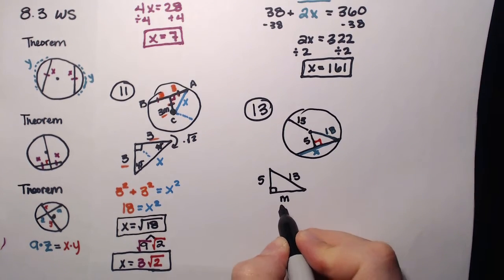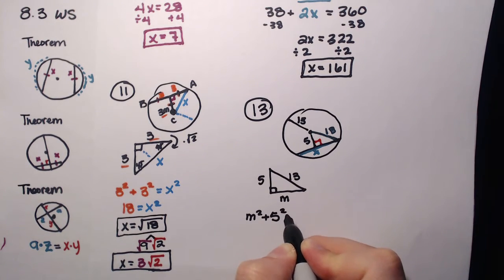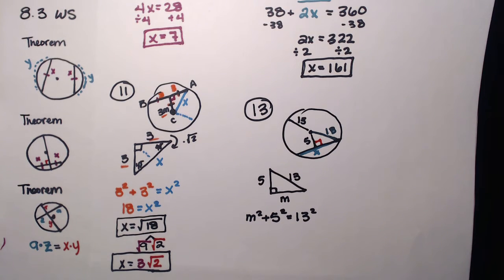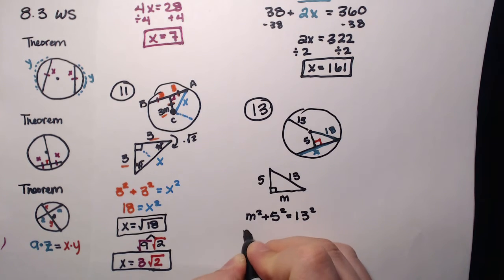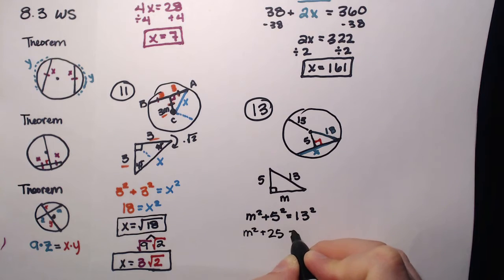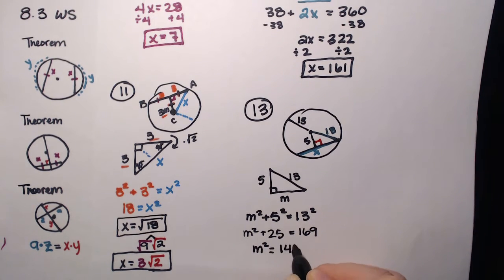So the Pythagorean theorem says to take your side squared plus your other side squared, and that's going to be the hypotenuse squared. And so I get m squared plus 25 is equal to 169. Subtract 25 from both sides, you get m squared is equal to 144.